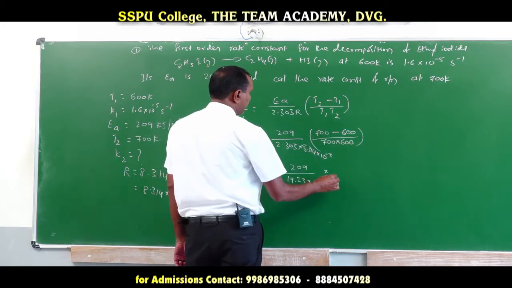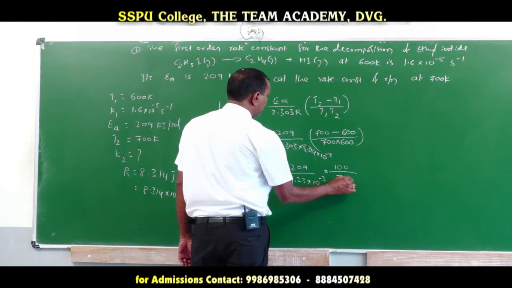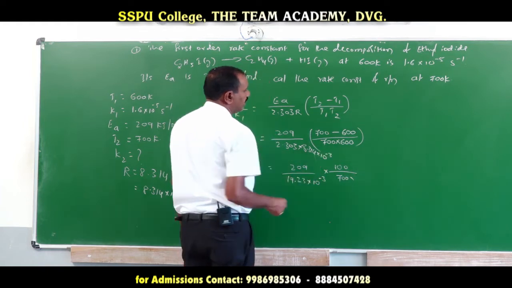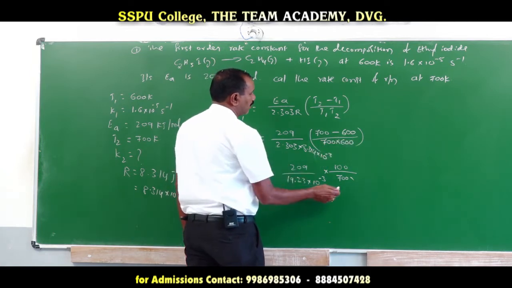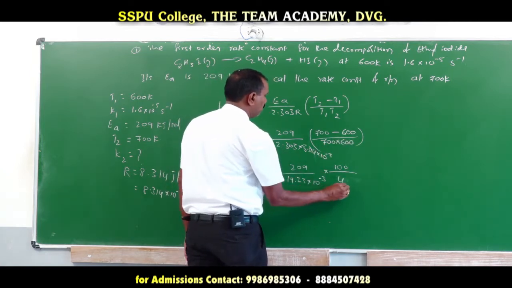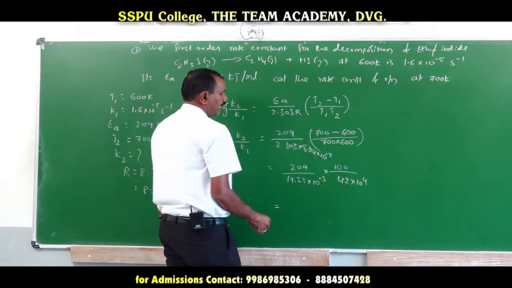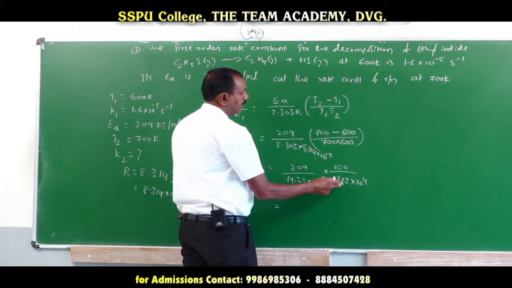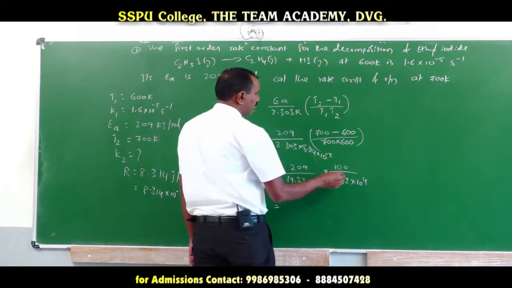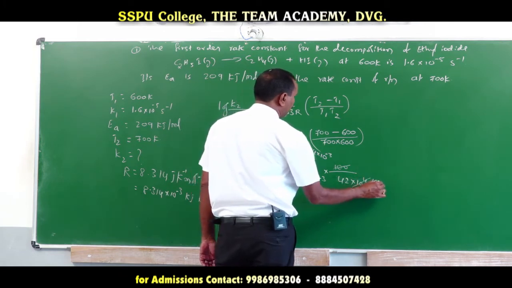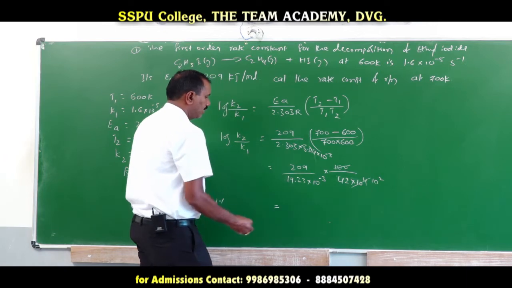So 700 minus 600 is 100, divided by 700 into 600. 7 into 6 is 42, so 42 into 10 to the power of 4. Finally 100 divided by 10 to the power of 4 we can convert into 10 to the power of minus 2.